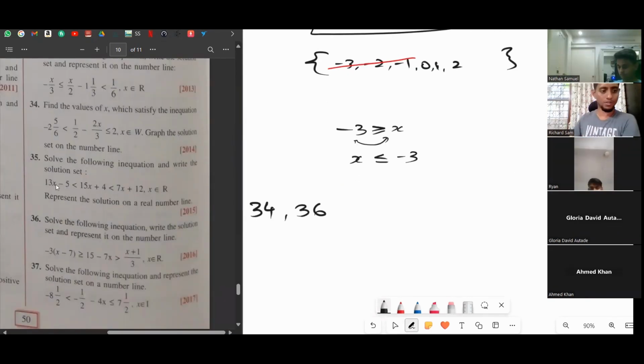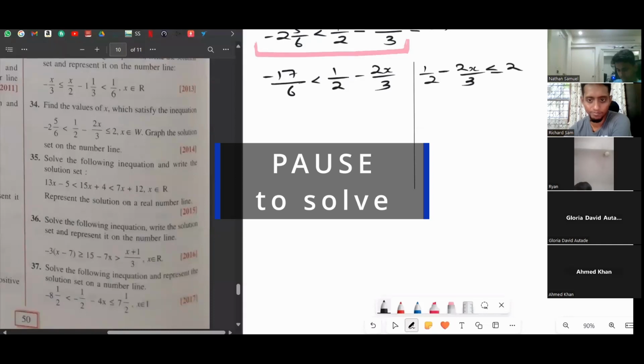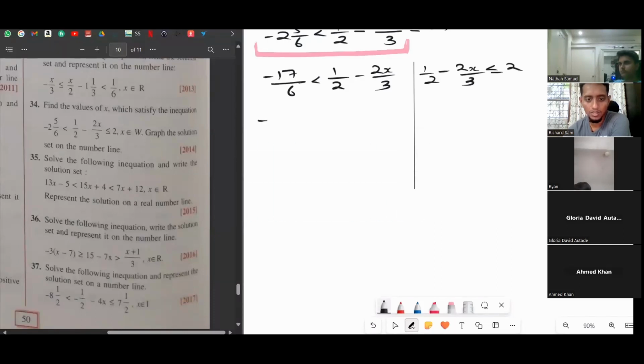Okay, solve 34, then 36. Anyone got this 34th one? What did we get? That's one part. Other part? Both are less than only. Okay, let's see.